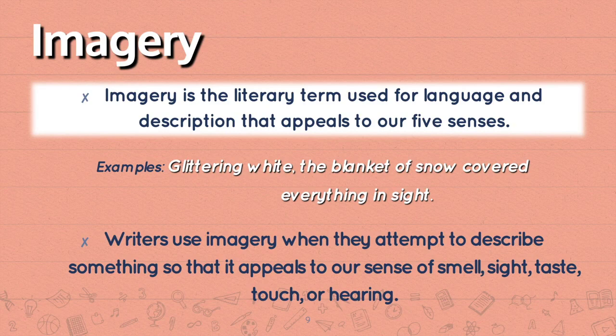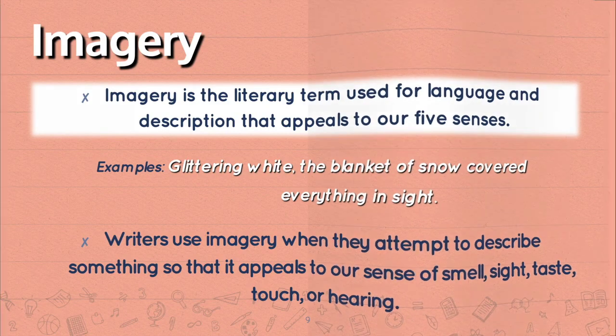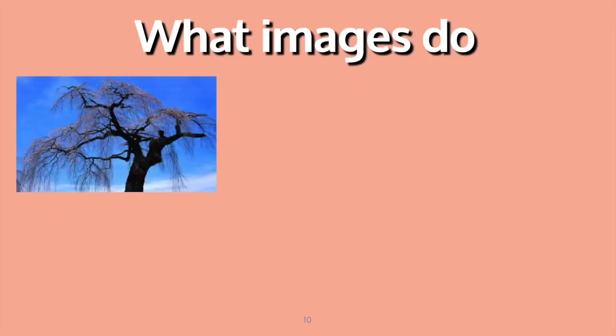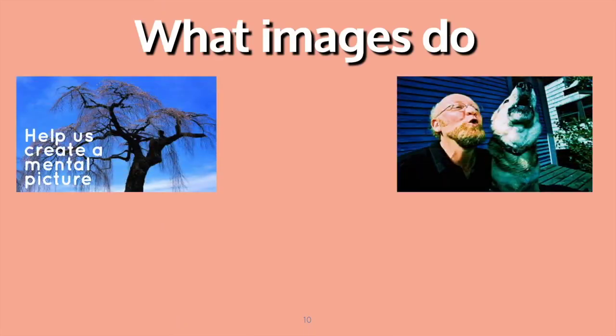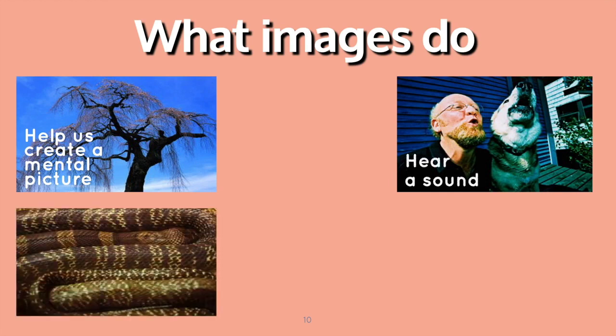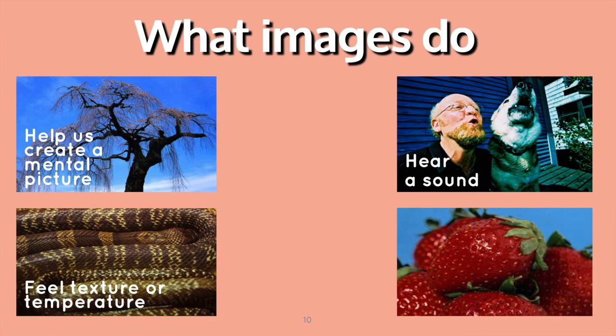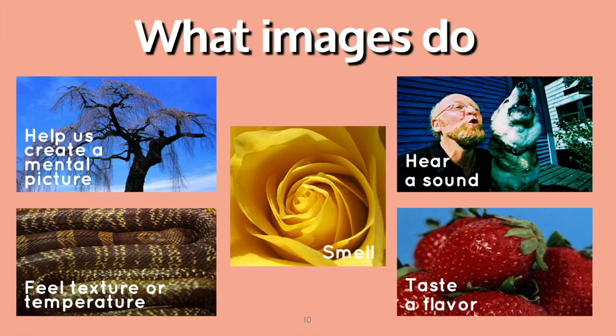These are the five senses we were talking about. What images do? They help us create a mental picture. They help us hear a sound, feel texture or temperature, taste a flavor, and then smell.